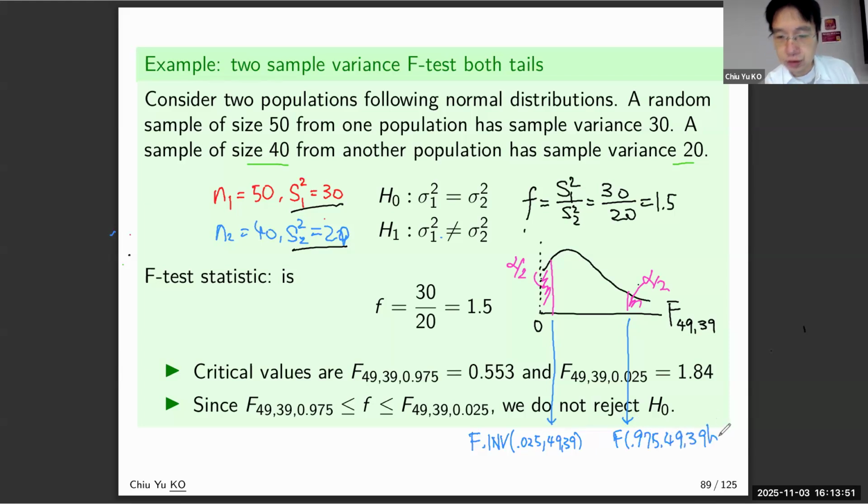And this turned out to be, as you see, 0.55, and this is 1.8. So that means 1.5 is somewhere here. Since 1.5 is not in these two rejection regions, we don't reject. So this critical value method is pretty convenient.